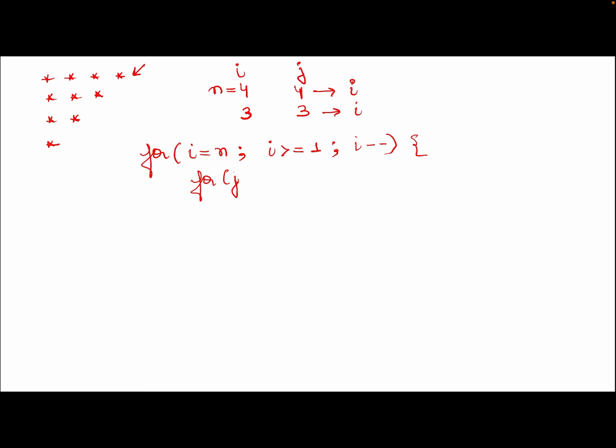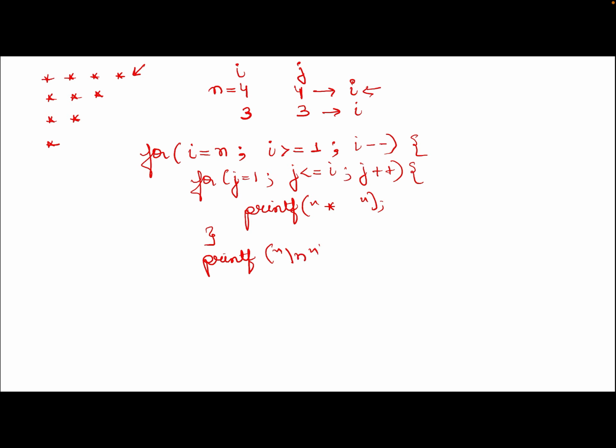So j is 1, j is less than or equal to i, and j plus plus. Printf a new line character after each row. Okay.